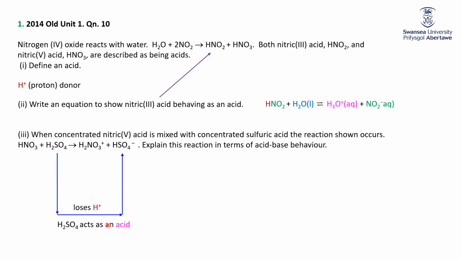Now, if H2SO4 is losing H+, it's losing it to something, thus something else is gaining it, and that something else that gains is very obviously the HNO3 to become H2NO3+, see the 2 there, H2 instead of 1.